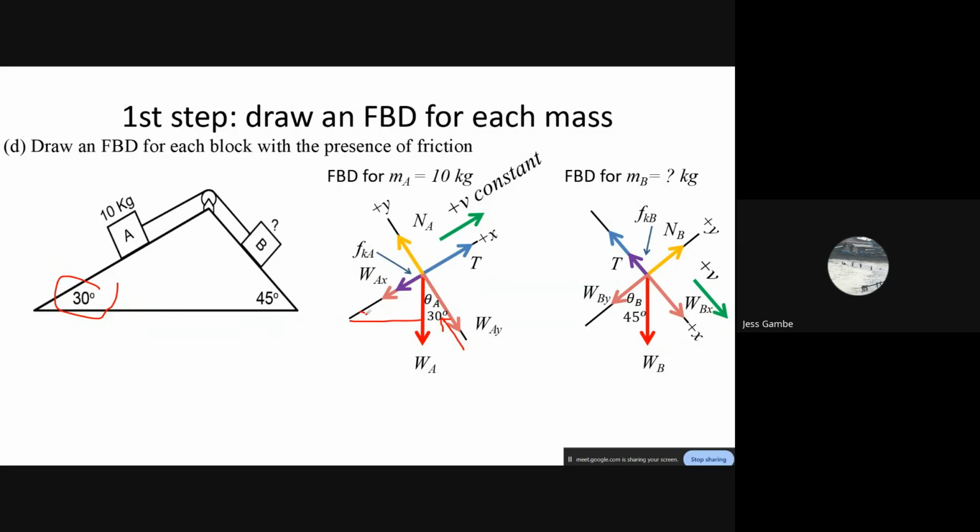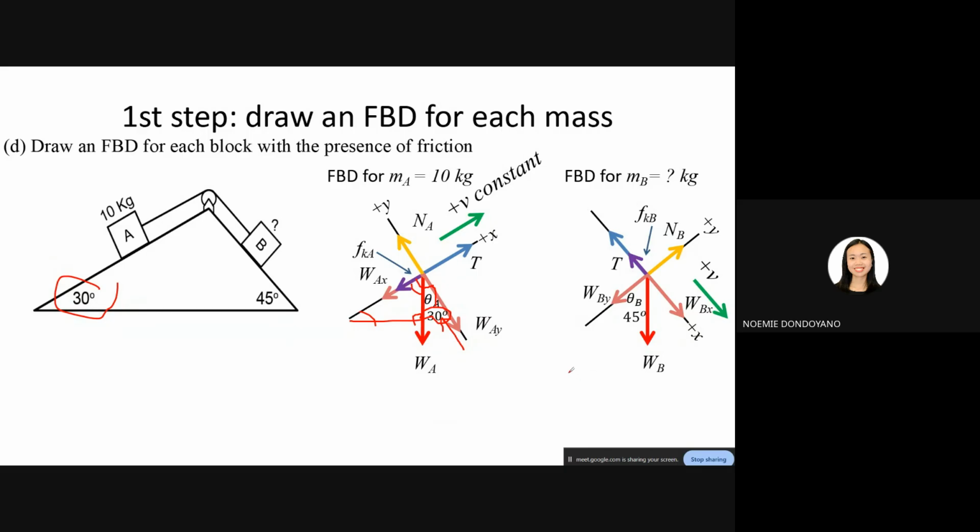If this one is 30, and this one is 90, what is the remaining angle? 60. Eventually you arrive at a right triangle. 90 minus 60 is 30, so this one is also 30. Okay.